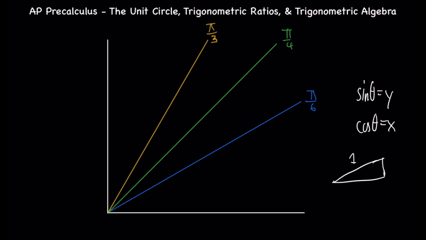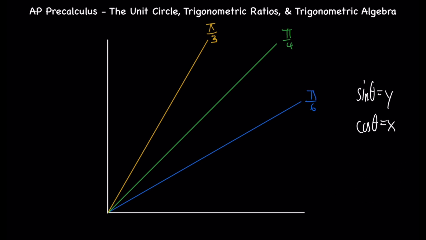When we're finding the cosine of its angle, like 30 degrees, the cosine would be this. Would be the x value. Similarly, the sine value would be this, the opposite. Sine theta would equal the opposite. Cosine theta would equal the adjacent.